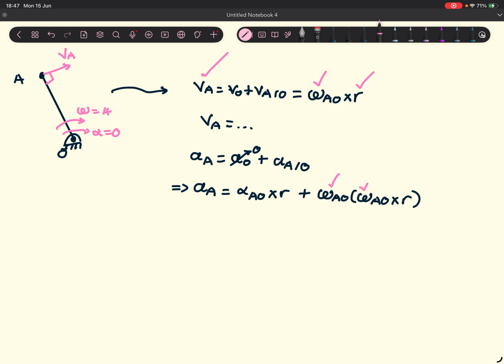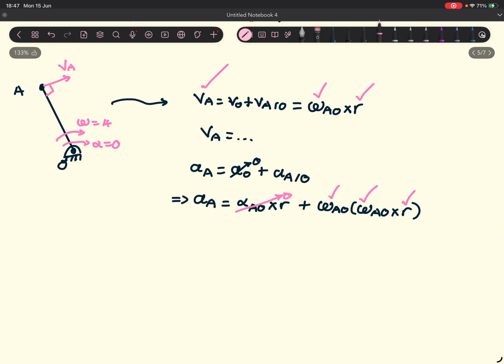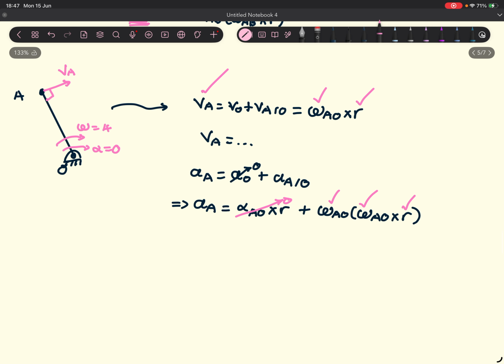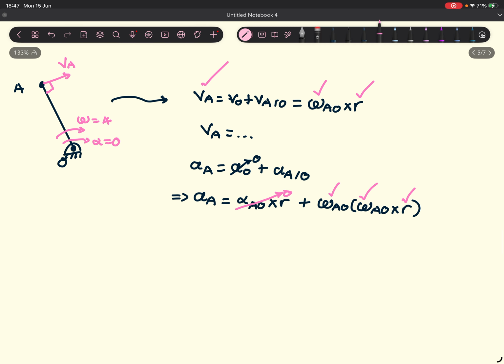We have this, we have that, we have that. This is 0 because it has a constant angular velocity. So that will be 0, and then, cool, we've solved for our acceleration of A.